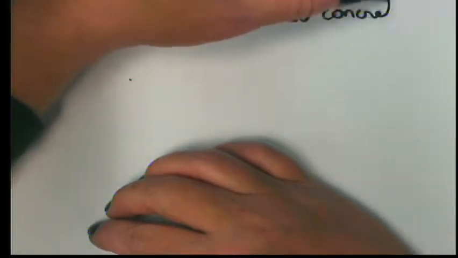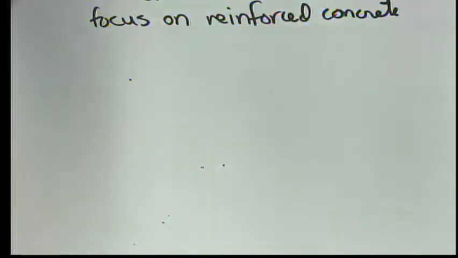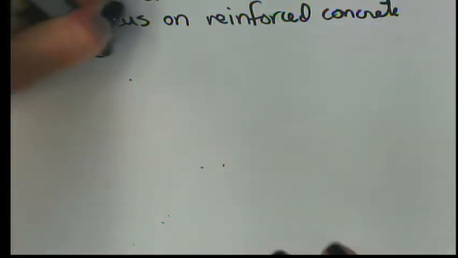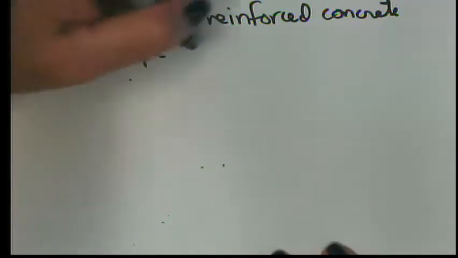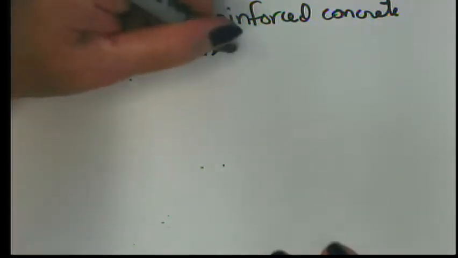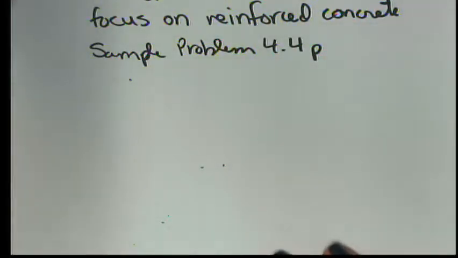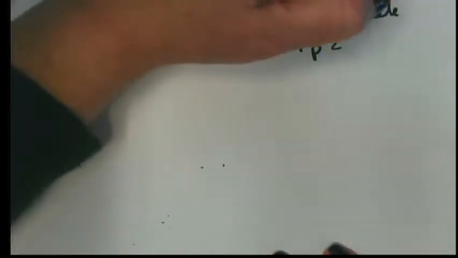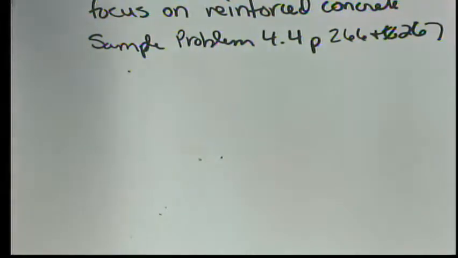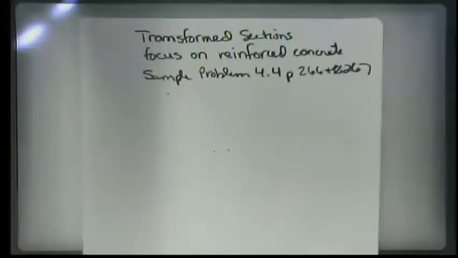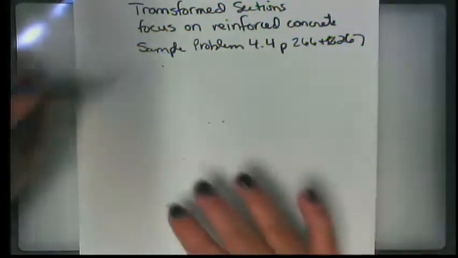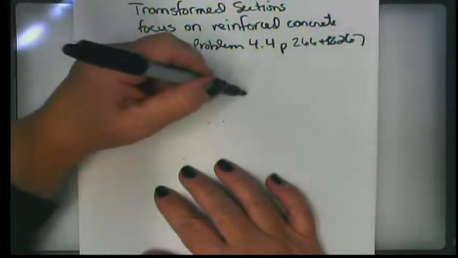So when you start working the homework problems, you will rely heavily on sample problem 4.4, which is on pages 266 and 267 of your textbook. All right, so let's talk a little bit about what the purpose is. Let's talk about reinforced concrete in specific.